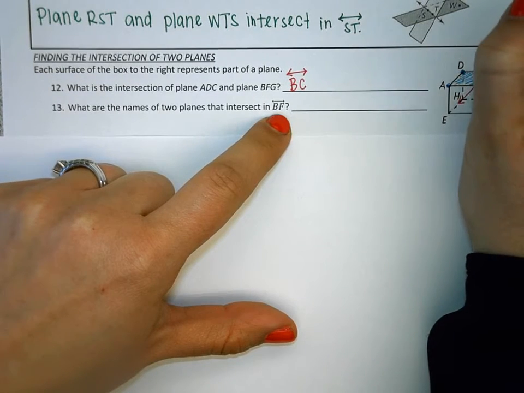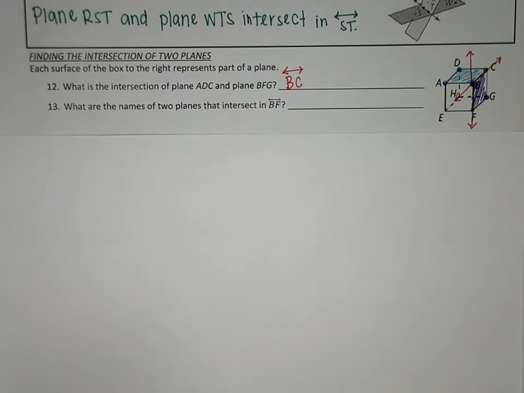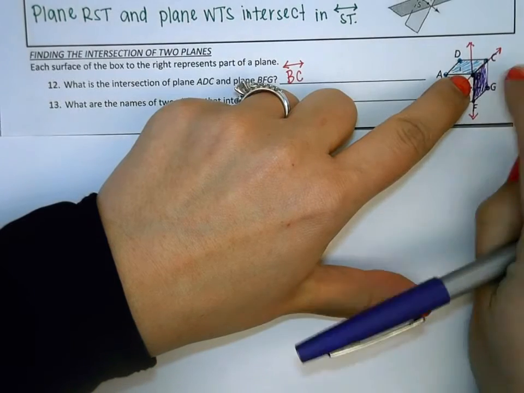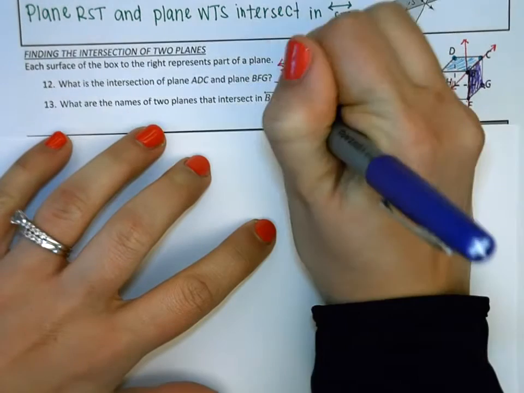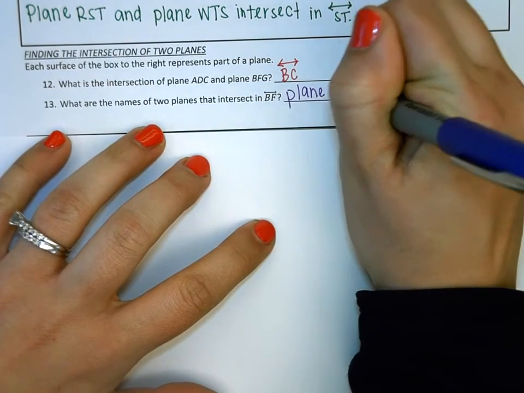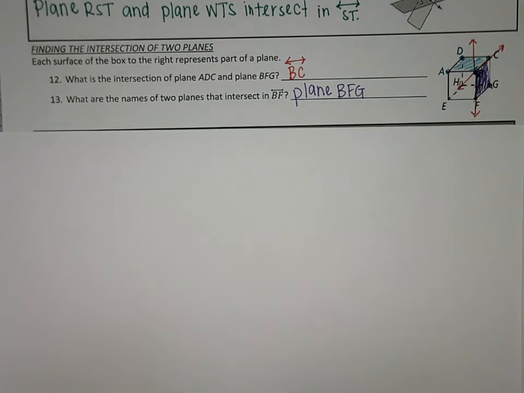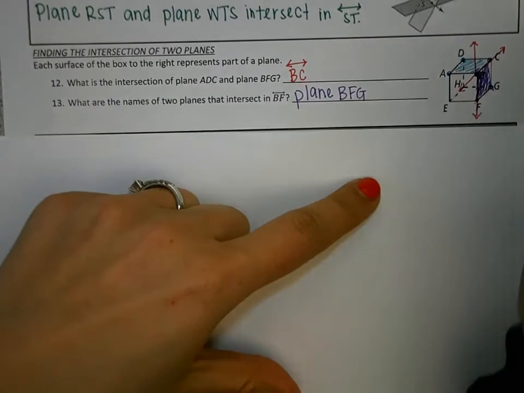So the two pieces that share that edge are this plane right here. So plane BFG, right? And the plane that intersects on that edge would be this plane right here, because they share the edge.